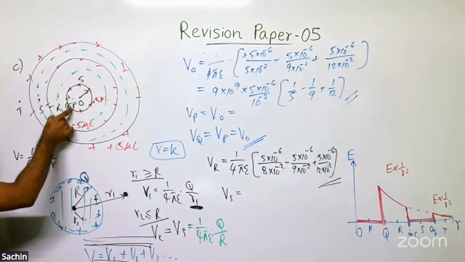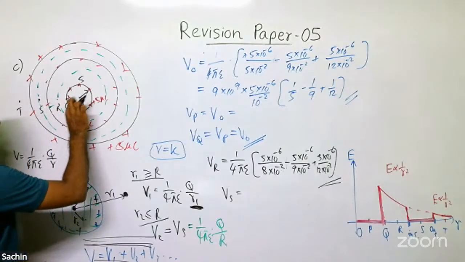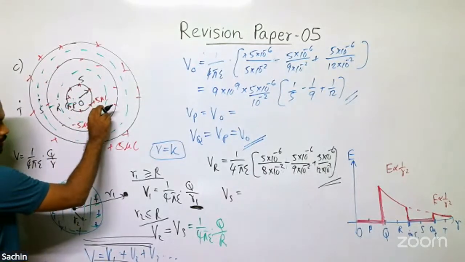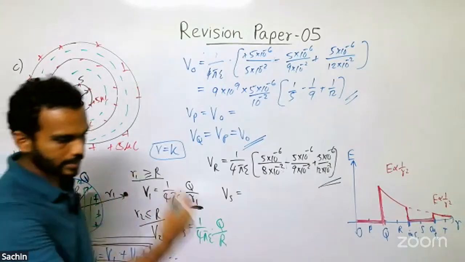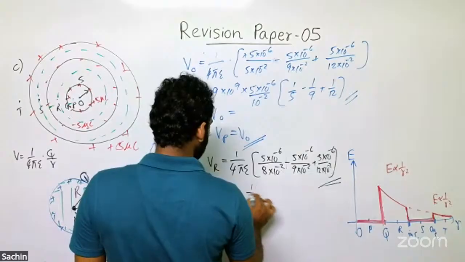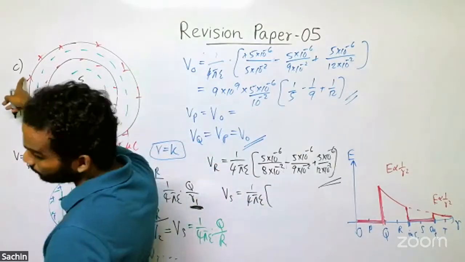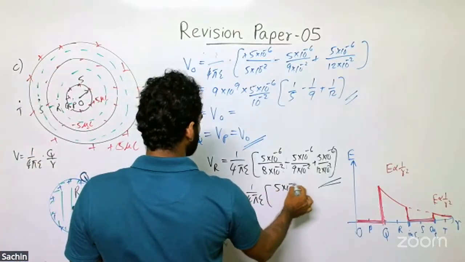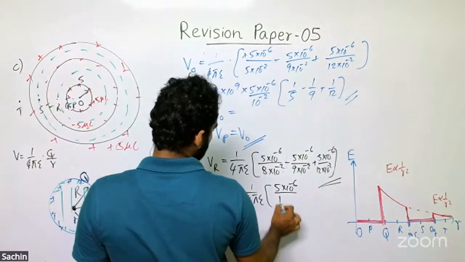If you consider both of these charge distributions at the same time, this is going to the center, and this is also going to the center. Plus 5 microcoulomb and minus 5 microcoulomb get cancelled at the center. So no charge inside, so no potential from the inside. By the way, there will be some potential developed from the outside charge. That is the potential on the surface, that is 5 times 10 to the power minus 6 divided by the distance to the surface, which is 12.